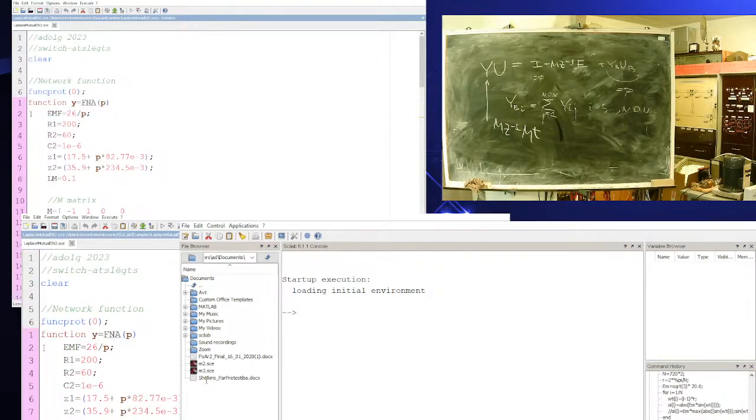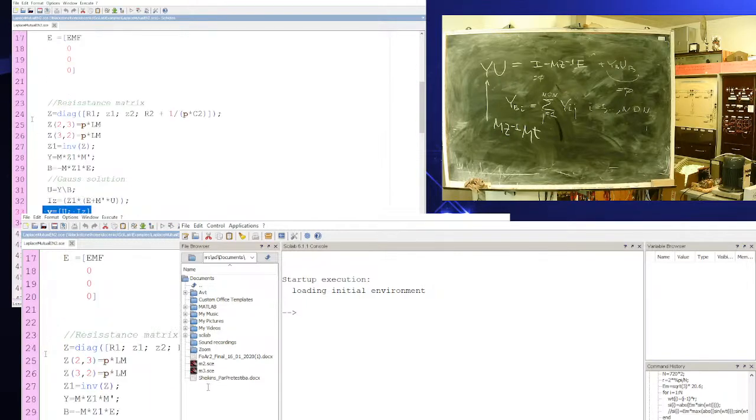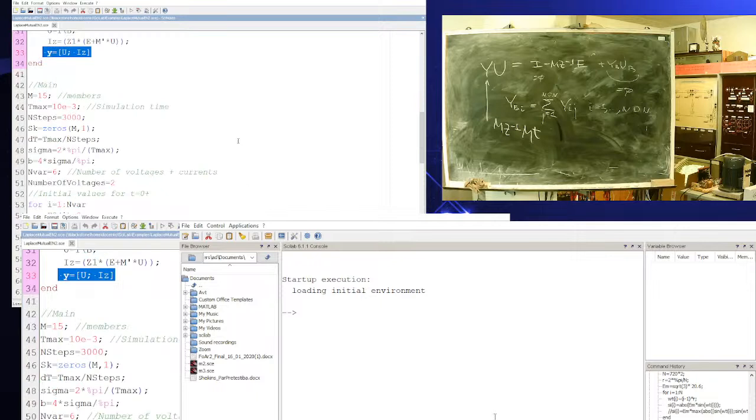This part describes a network, and it will be called multiple times. Main program.